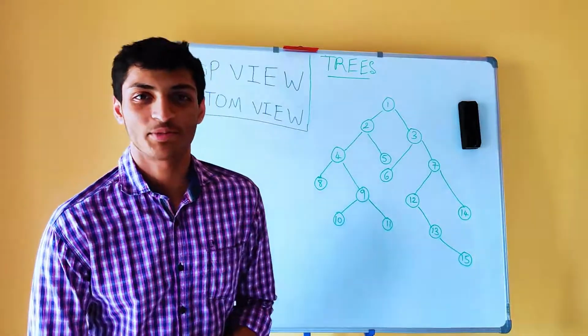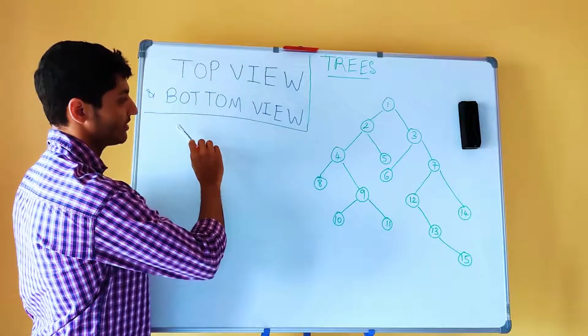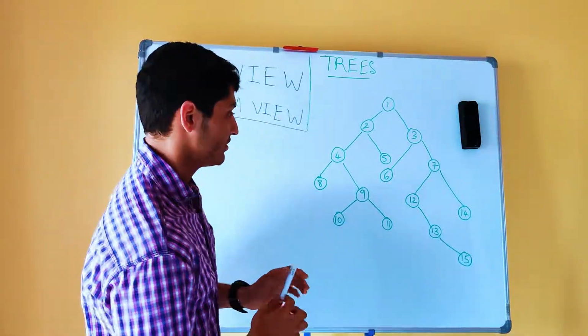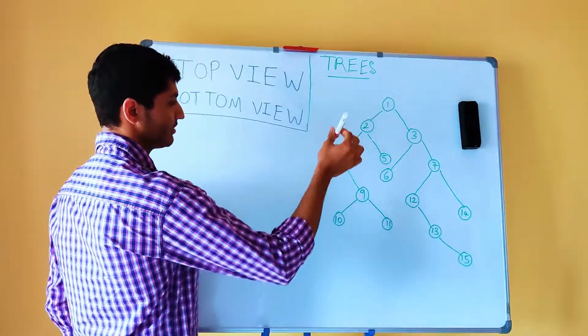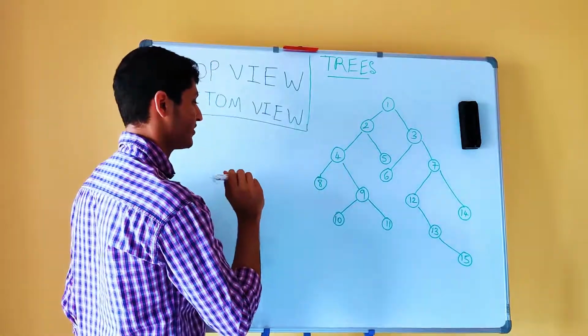Hi guys, the problem today that we are going to solve is top view and bottom view of the tree. As the name itself suggests, the top view is however the tree would look if seen from the top.